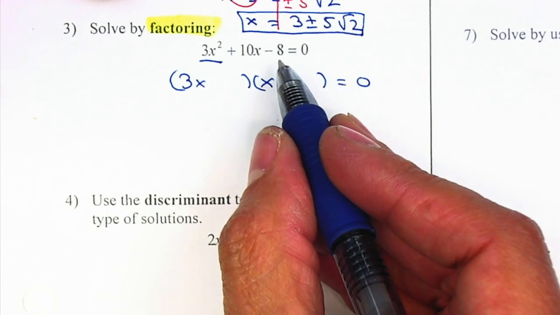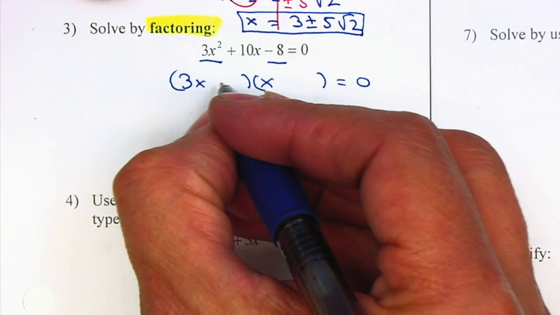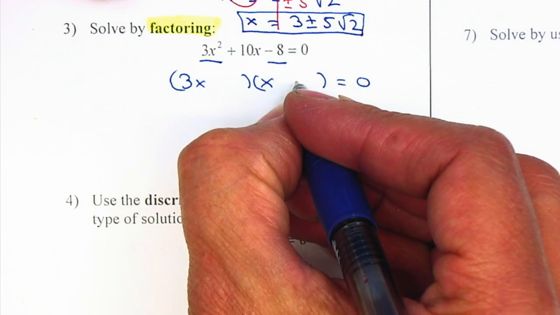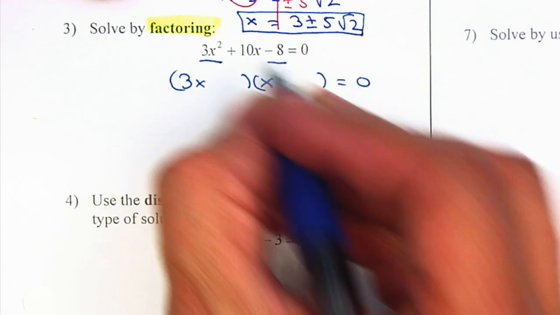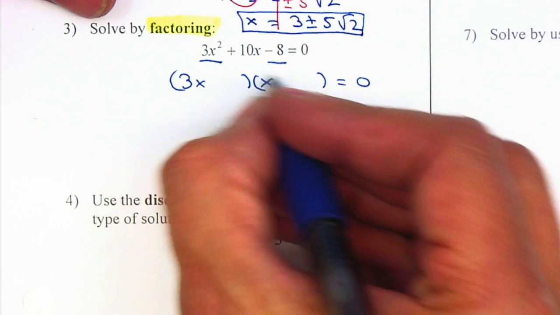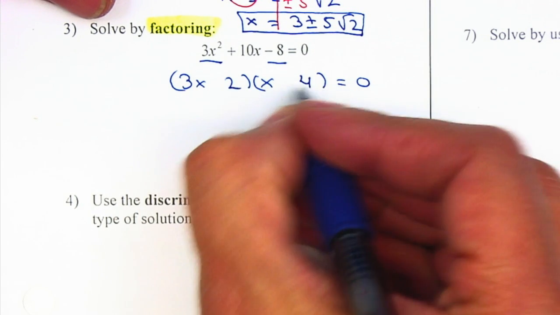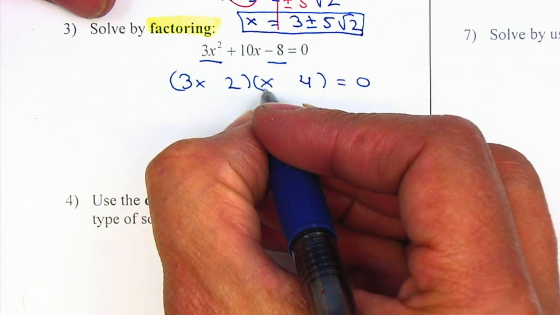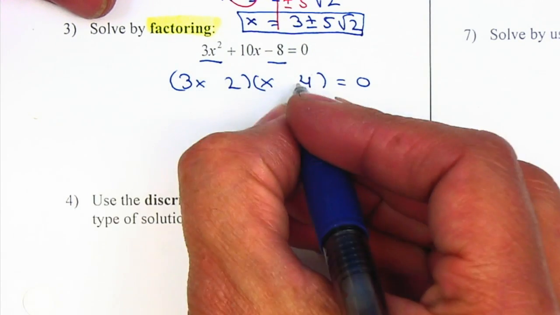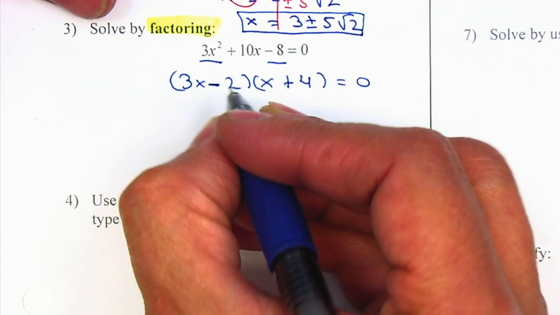Factors of negative 8: one of them has to be negative, the other one has to be positive. Whenever you add them, it has to give you a positive 10. I'm going to use 2 times 4, because that will give me 12, and 12 minus 2 will give me 10. I want to make my 12 a positive, and that one negative.